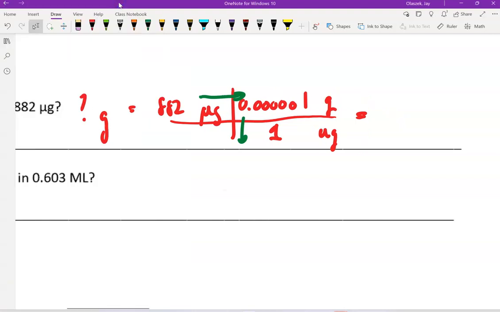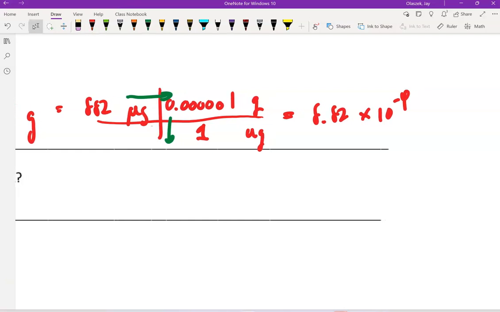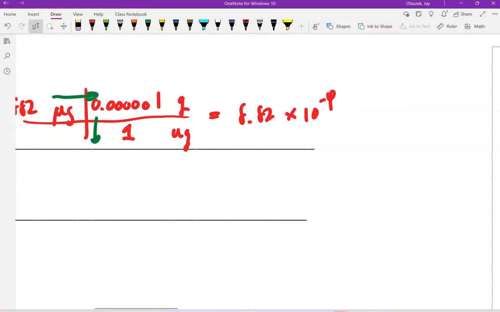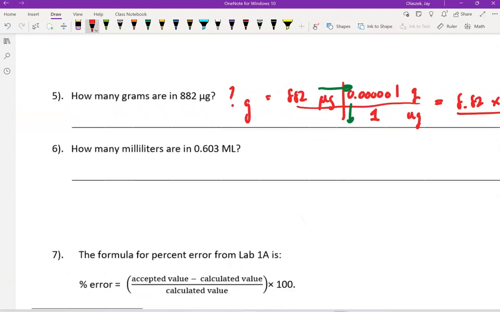Oh no, that looks like this: 8.82 times 10 to the negative 4. That, ladies and gentlemen, is a way of saying 0.000882 grams. That's all you do. You can leave it in scientific notation, or you can write it like this. Up to you.